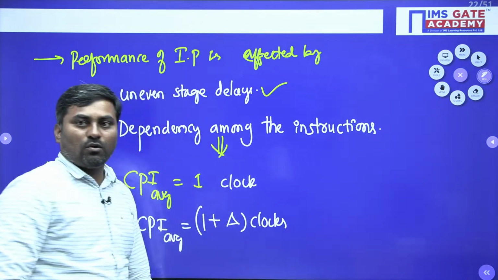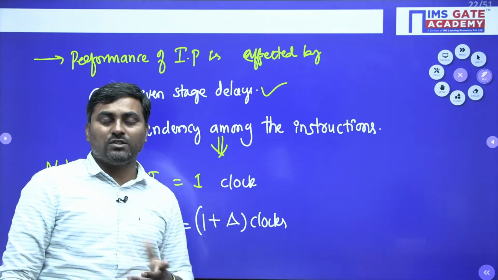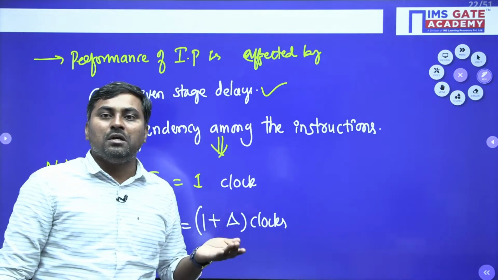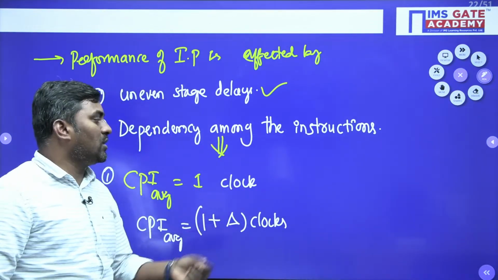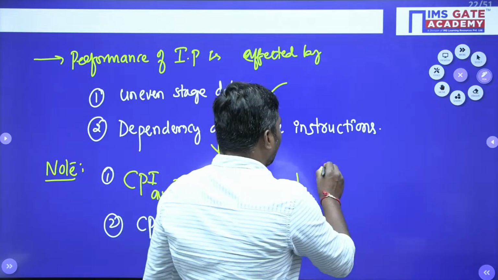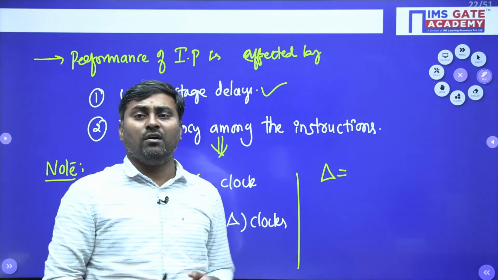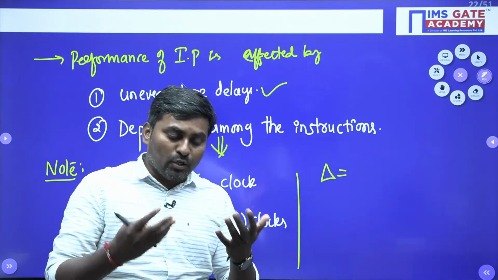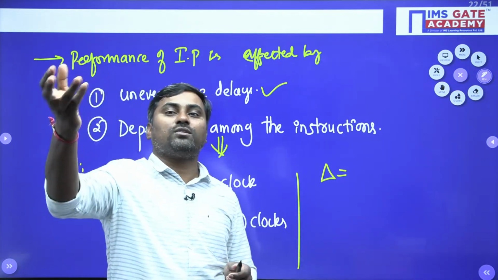Due to differences among the instructions, it cannot be 1 clock; it will be 1 plus delta. What is delta? It depends on the rate of dependency among the instructions, and how many extra clock cycles each dependent instruction is taking.